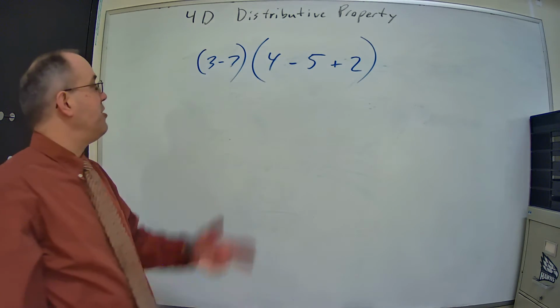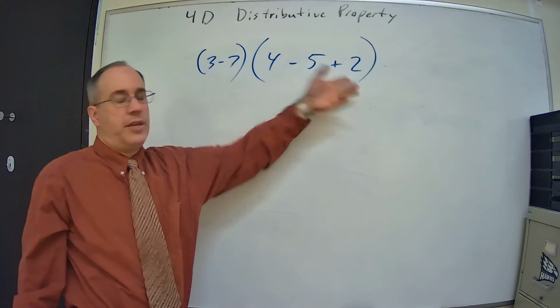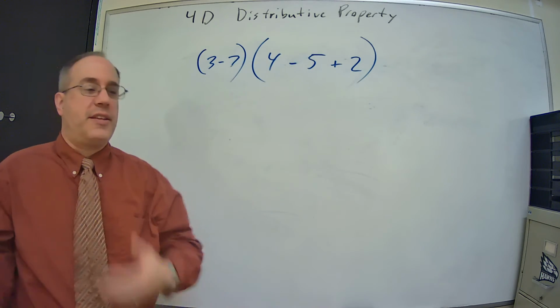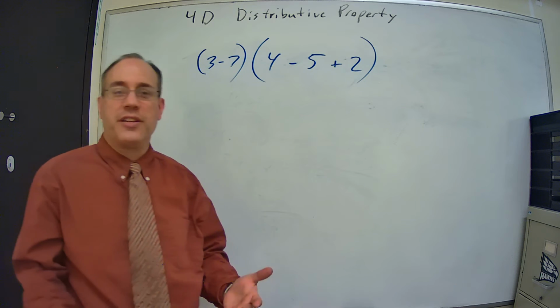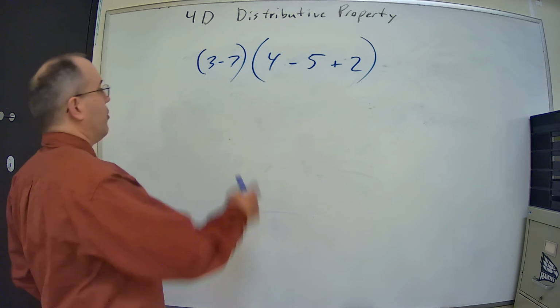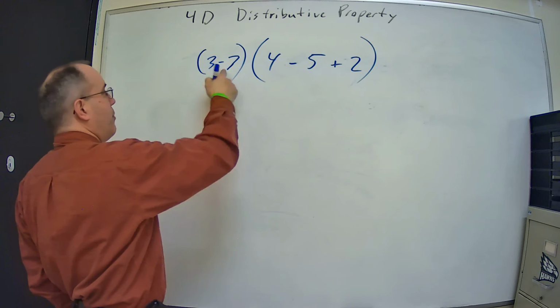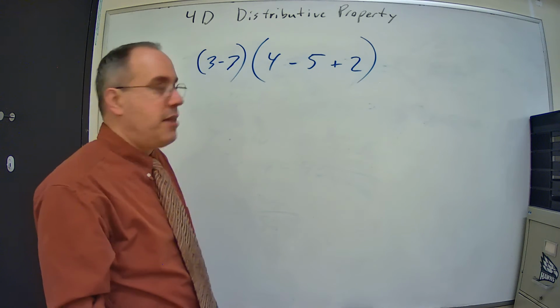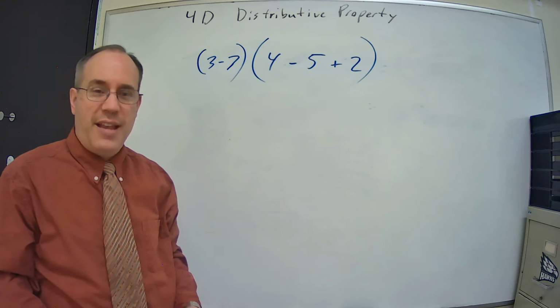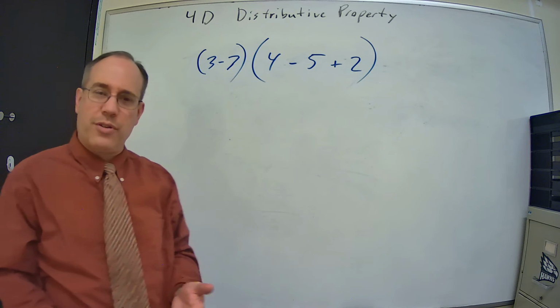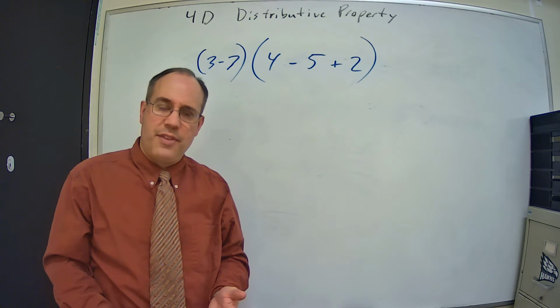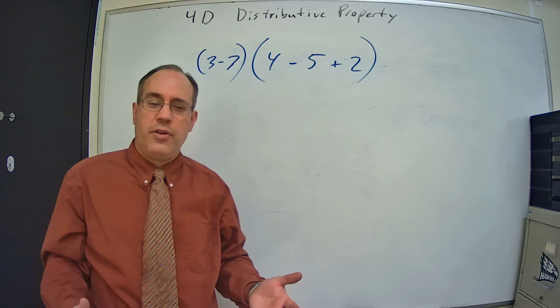Now again, yes, I know you could do the subtraction, you do these, and then you just multiply them through. But that's not the purpose of learning the distributive property. So what happens here? Well, now I've got this two-term thing, 3 minus 7, that I'm multiplying through here. And that doesn't work so easily. So how can I deal with that?